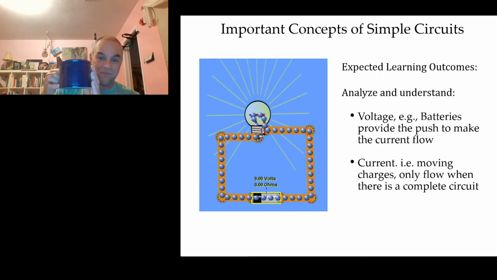So the wall of the mug itself is kind of like a resistor. If there's a tiny little hole in it, it's like a big resistor. If there's no hole in it, it's like a very big resistor. If there's a large hole in it, then it's like a smaller resistor. So I'm hopeful that that's helpful to you as you start to visualize these phenomena that we'll be talking about in this class.